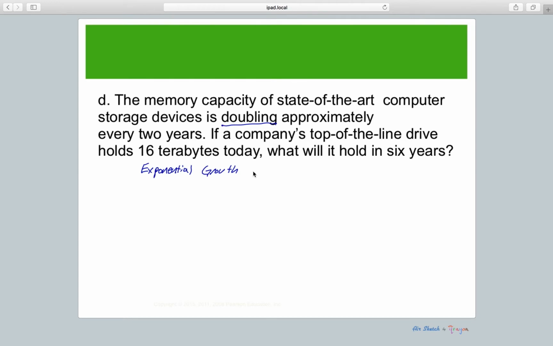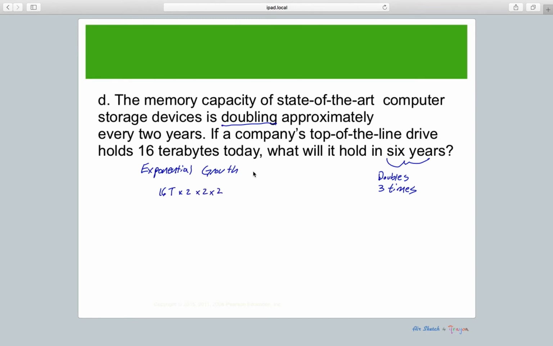So what will it hold in 6 years? Well, that means it will double 3 times, right? Because it doubles every 2 years. So if it holds 16 terabytes today, it's going to double once, then that's going to double, then that's going to double.